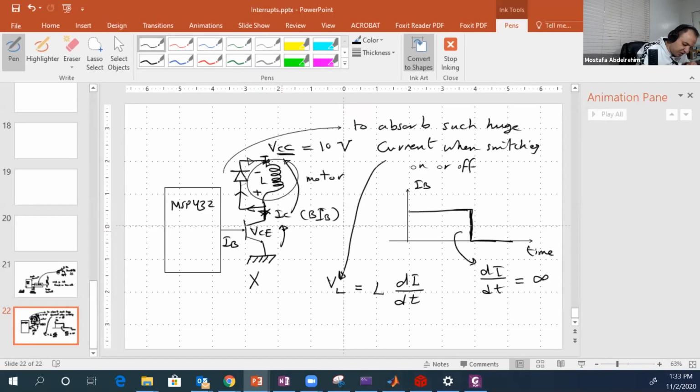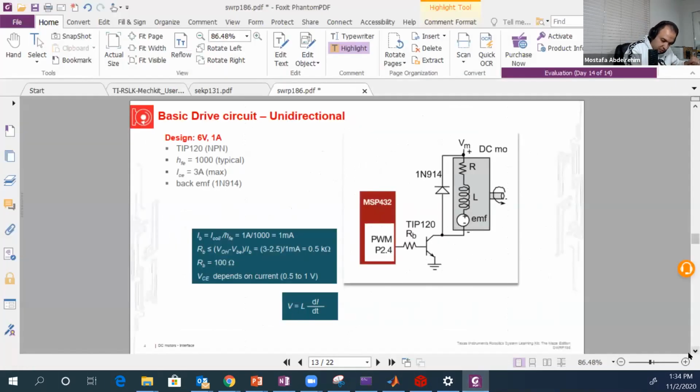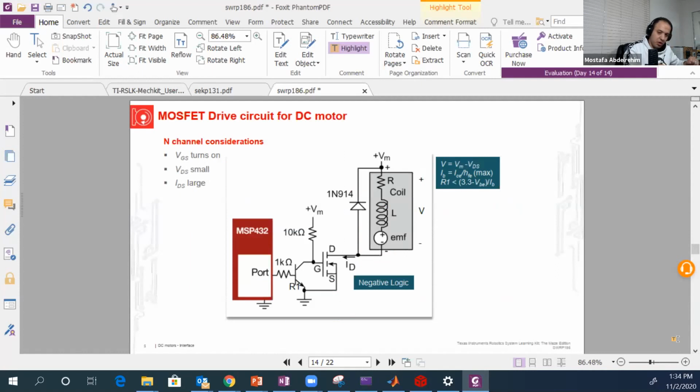This is called the VCE, the voltage between the collector and the emitter. So VCC is equal to V motor plus VCE. For the Darlington pair, this is around 0.5 volts. So you will lose around 0.5 volt out of your VCC, which is big. That's why we have another type of connection, which is this one.